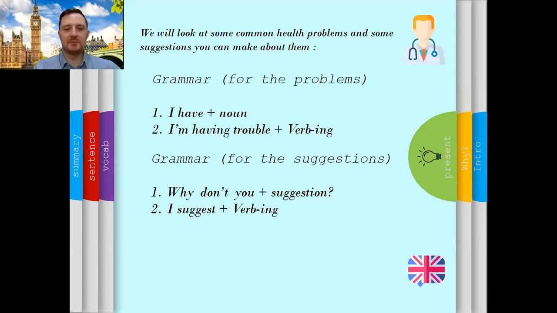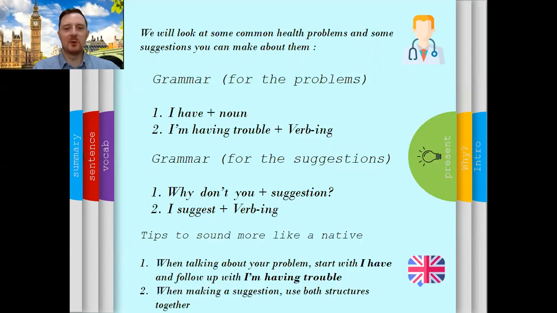Okay, now some quick tips to sound more natural and sound more like a native English speaker, which is very important. So the first tip, when you talk about your health problem or your health issue, you can start with I have, and then follow up with I'm having trouble. Okay, so what does this mean?